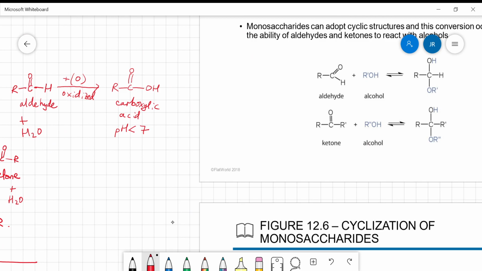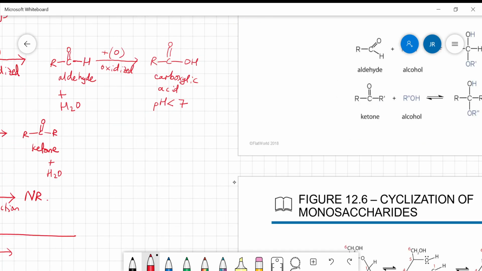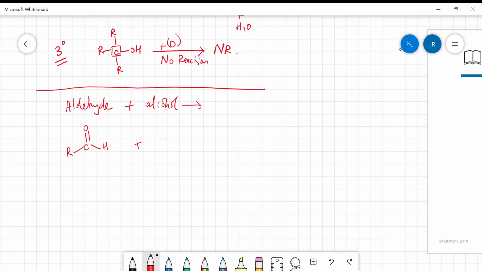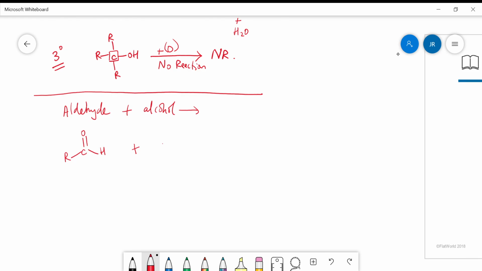So they've got the OR. Again, the mechanism is not really that important to us, but we'll write the alcohol like this. Remember, an alcohol is carbon with an OH stuck on it, so it has to be at least a carbon here. So I'm just saying this whole thing is R.